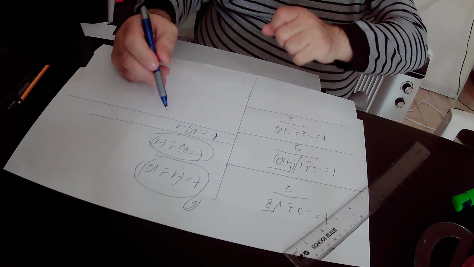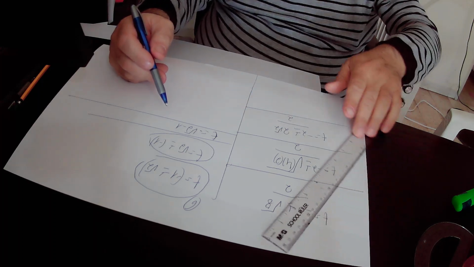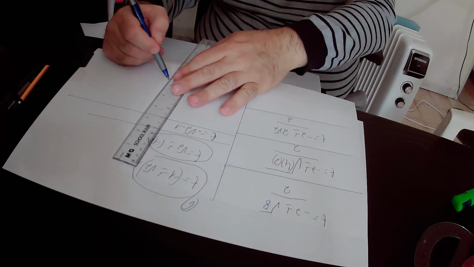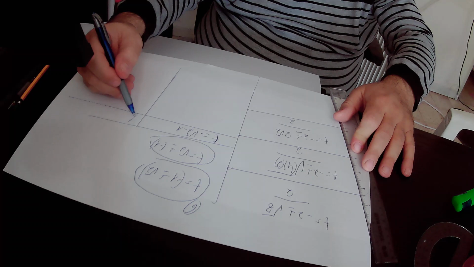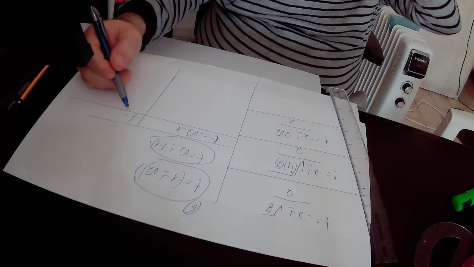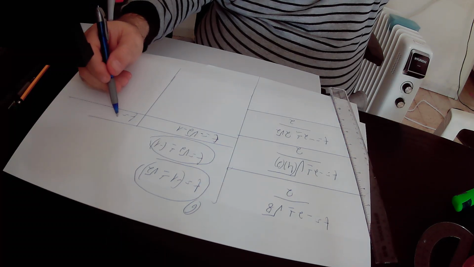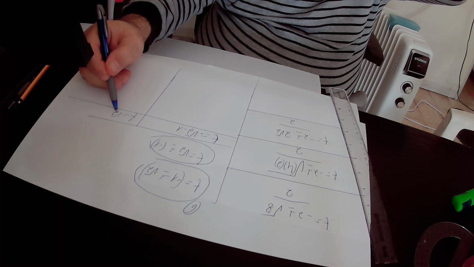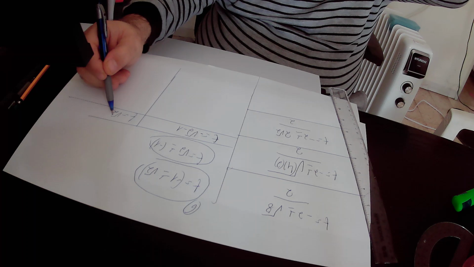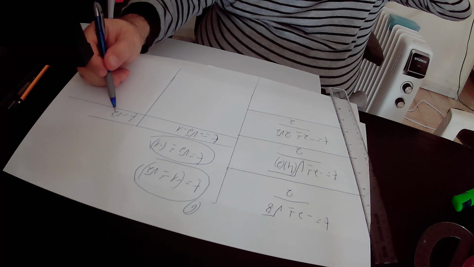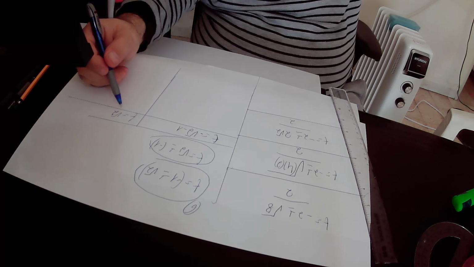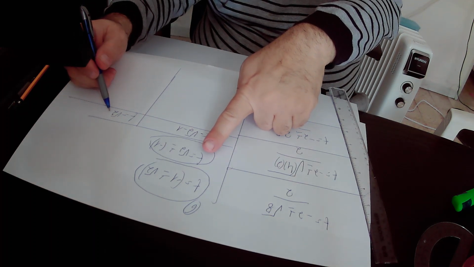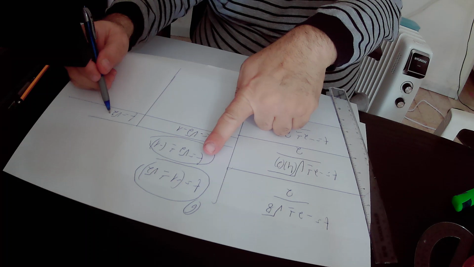This is the first solution. And the second solution for t is that t equals the square root of 2 plus 1.